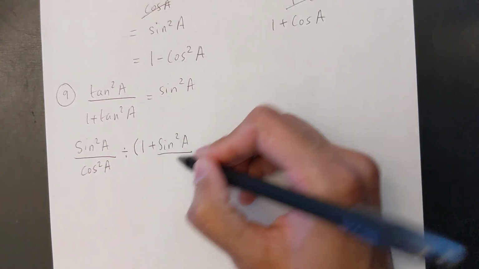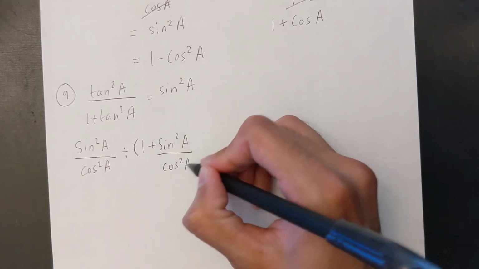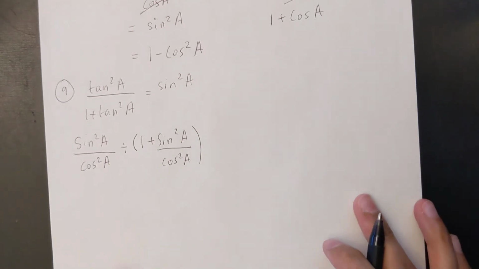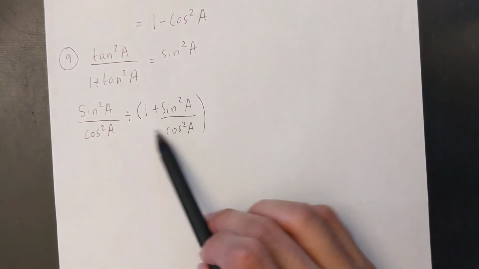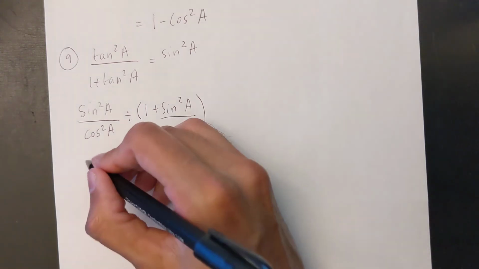I'll change that tan into sine over cos as well. Now, next thing, before I can even get rid of my divide, is I gotta make a common denominator in here.